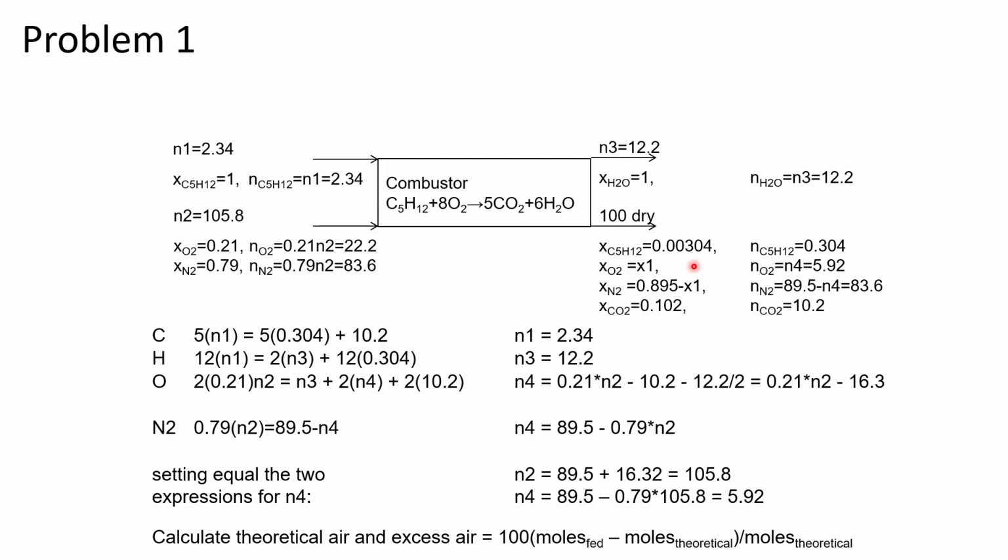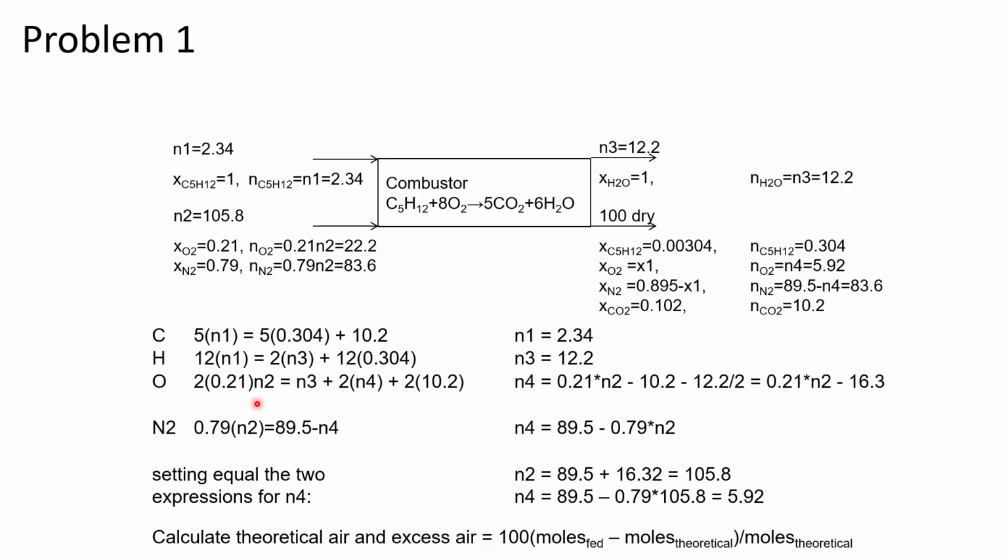There is oxygen associated with the oxygen molecule. So we're going to take 2, since there are 2 oxygen atoms per oxygen molecule, times the flow rate of that oxygen stream, which is N4. And then we're going to add to it the oxygen flow associated with CO2, because we don't have to worry about the nitrogen. We'll just move on to the CO2. We know there's 2 oxygen atoms per molecule of CO2, so we're going to take 2 times the CO2 flow rate. So we have 2 times 10.2.